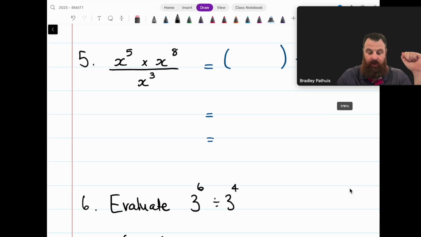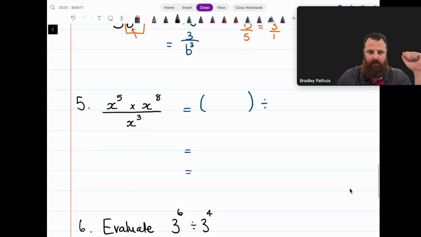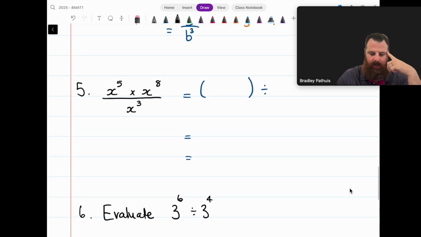Example 5, if I look at this one, and I'll just do that. Fractions act as grouping symbols. So with a fraction, you've got to do all of the numerator, you've got to do all of the denominator, and then you worry about what's going on.